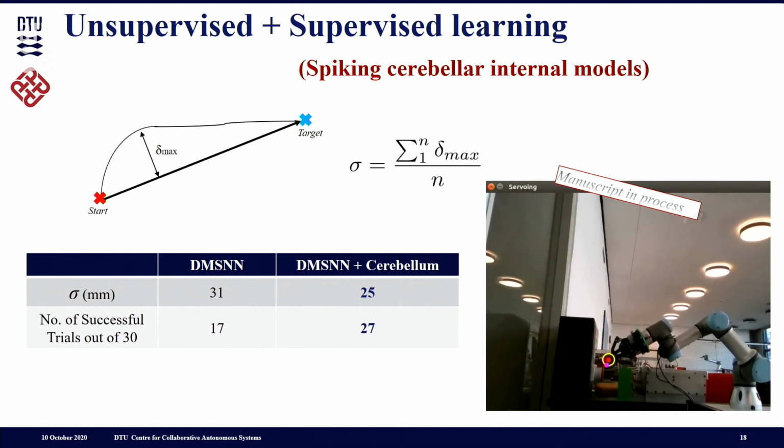What we demonstrated was that the cerebellum was able to reduce the error during the reaching task and increase the number of successful trials, as our cerebellum does.